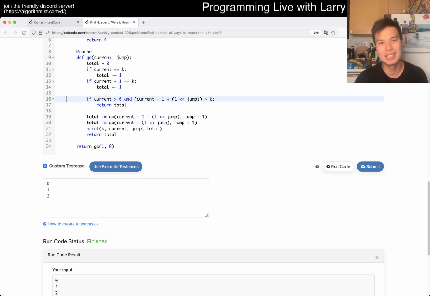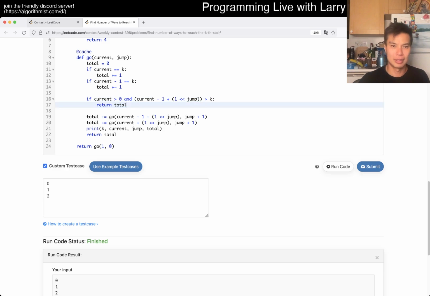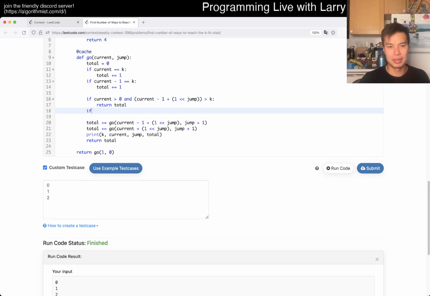Is this even right? I don't know what the base condition is. No, this is not right. This just means that we don't do this. So we can rewrite this as this.